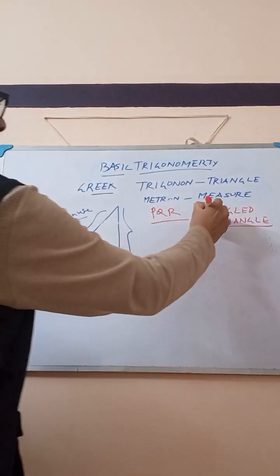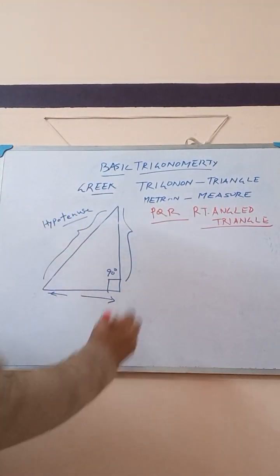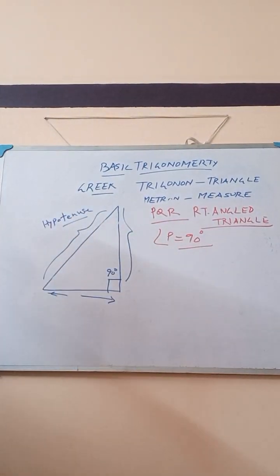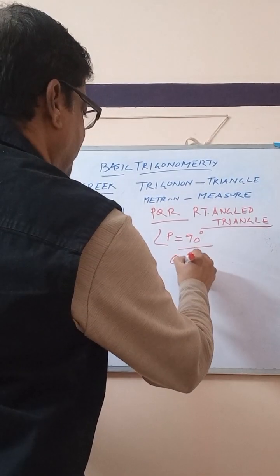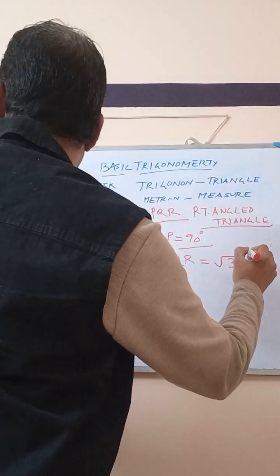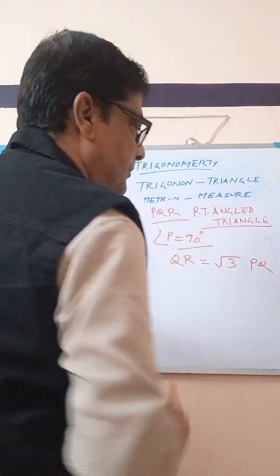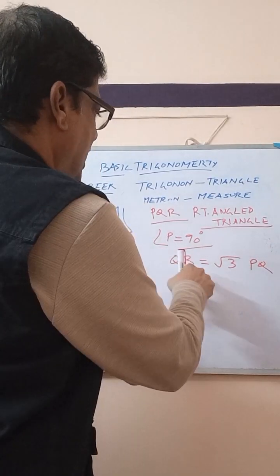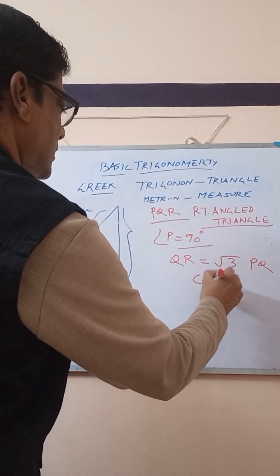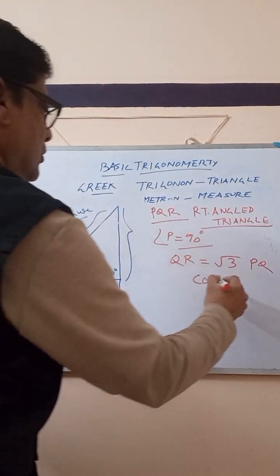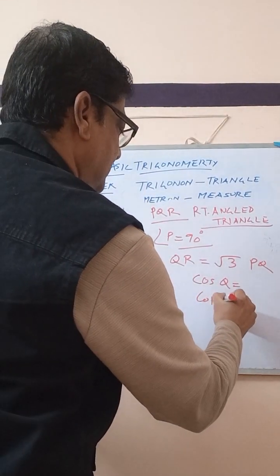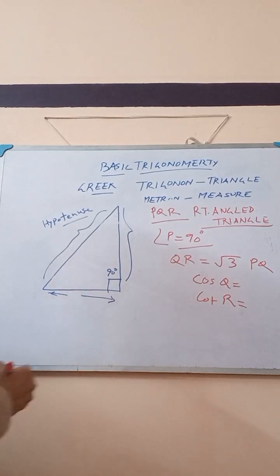PQR is a right angled triangle. Angle P is equal to 90 degree. Now QR will be equal to root 3 PQ. Got it? QR will be root 3 PQ. Okay. You have to find the value of cos Q, then cot R and cosec Q.